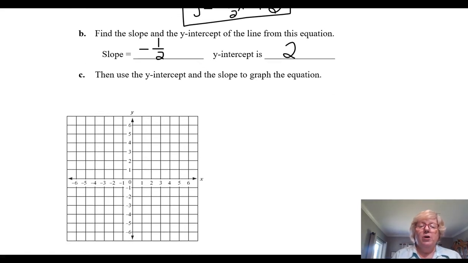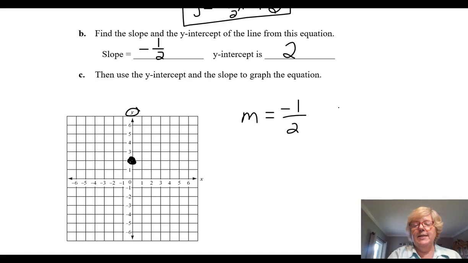To use the slope and y-intercept, you will graph the y-intercept first. So on the y-axis, go up here to the +2 and plot your point. Now, the slope is -1/2. Put the negative sign with the top of the number.